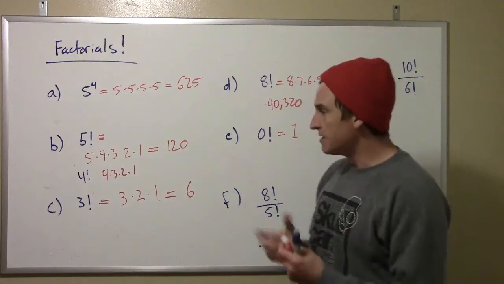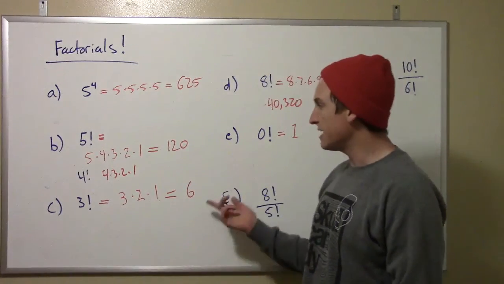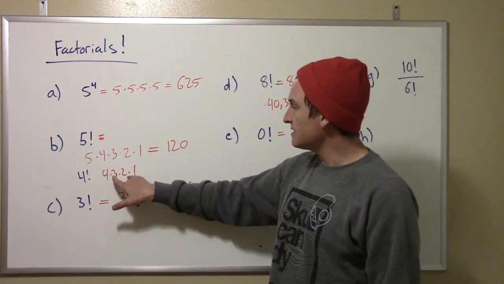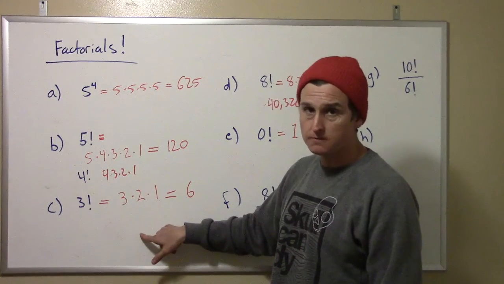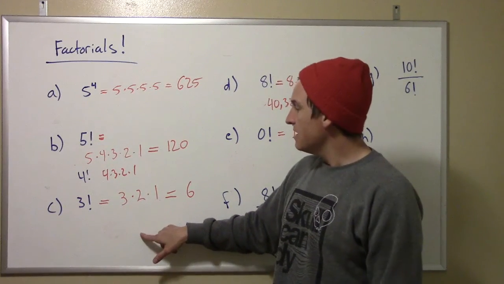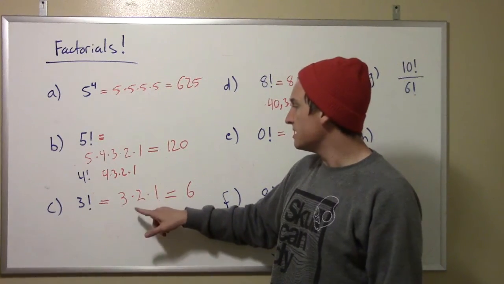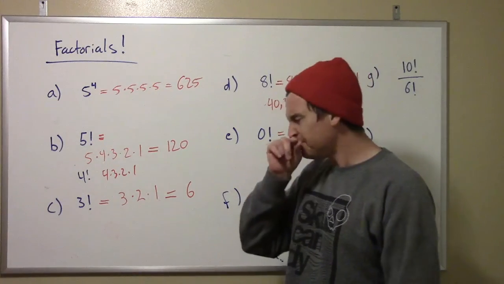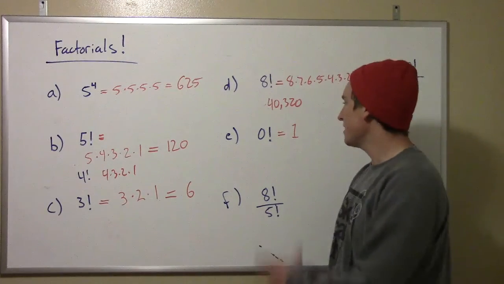If you think about what's happening, every time we go down the chain, we're dividing by the previous number. So this divided by 5 is this, and this divided by 4 is this, and this divided by 3 would give us 2. That would be 2 factorial. And that divided by 2 would be 1 factorial, and then you divide that by 1 and you get 0 factorial.